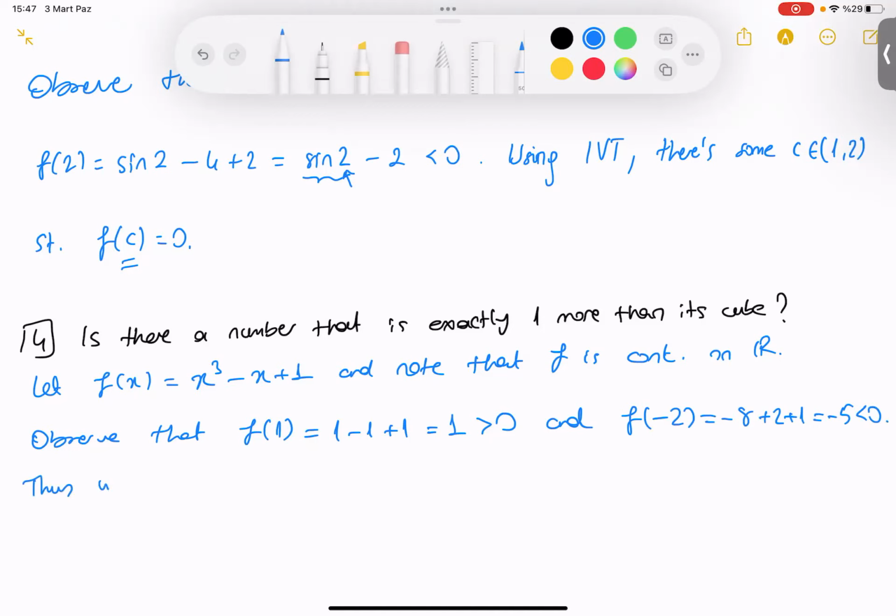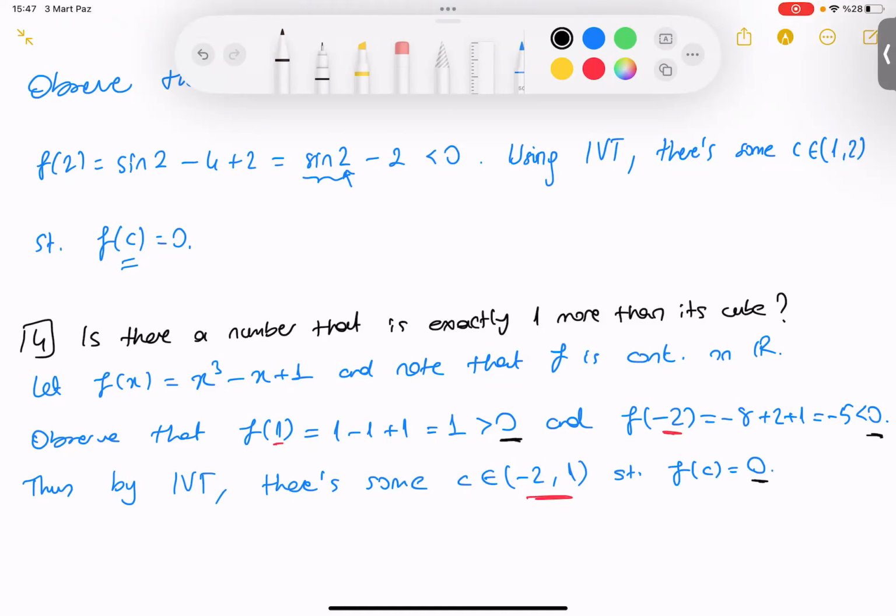Thus, by the intermediate value theorem again, there is some c in those values, right? Such that f of c equals 0. Okay, there is some c that comes from here, those values, and this 0 is because of this.